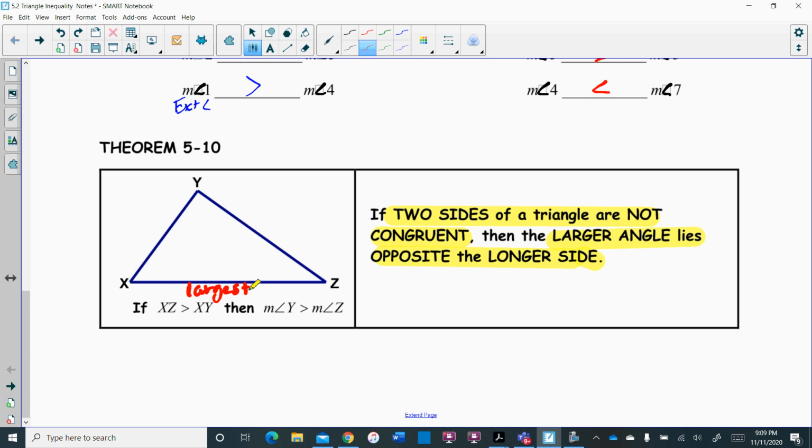Okay, and what it's saying is if this XZ is my largest side and I look across, opposite, then that would have to be the largest angle.